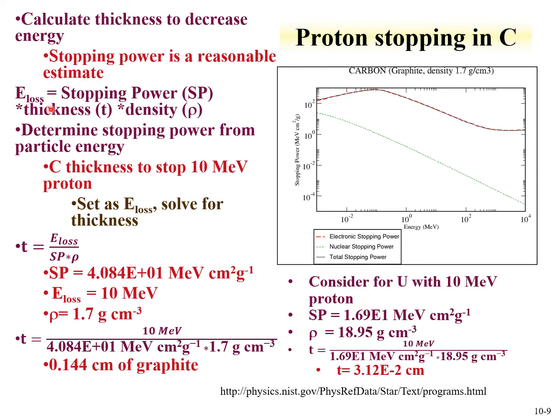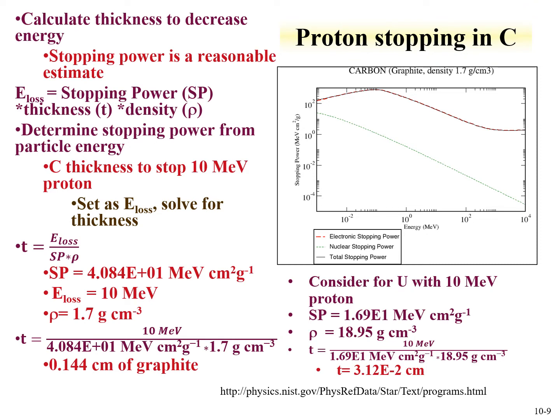So this stopping power is a reasonable estimate. And these equations that we're going to use are good for estimates. More detailed equations can be used to get into in-depth calculations on how much material is needed. They do this a lot with medical physics in terms of shielding, or they'll use it in nuclear power plants.